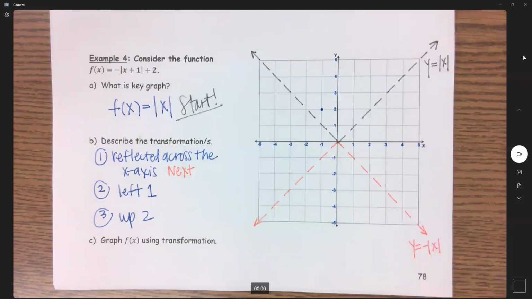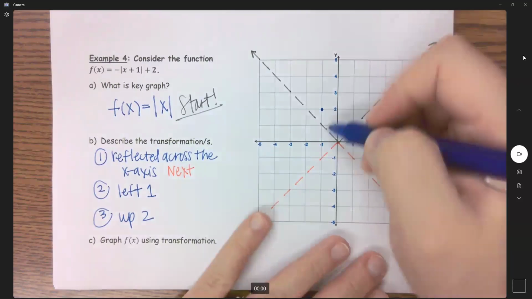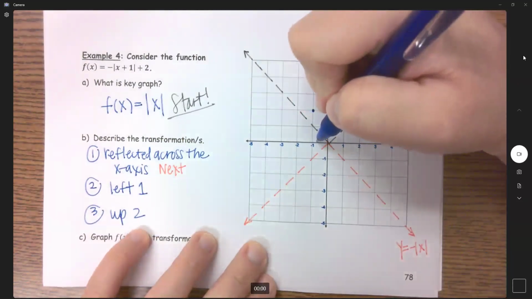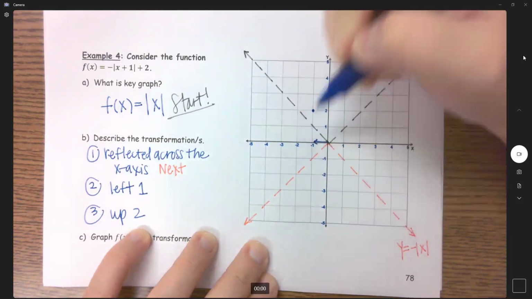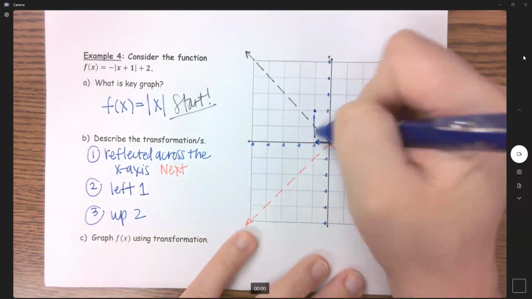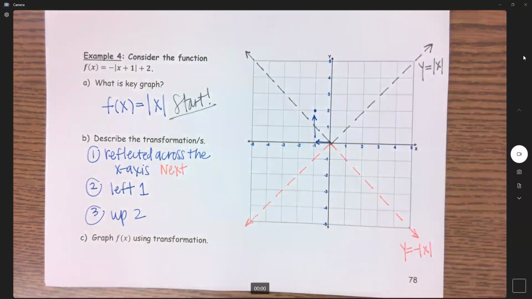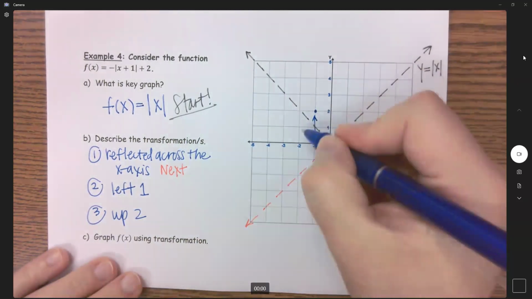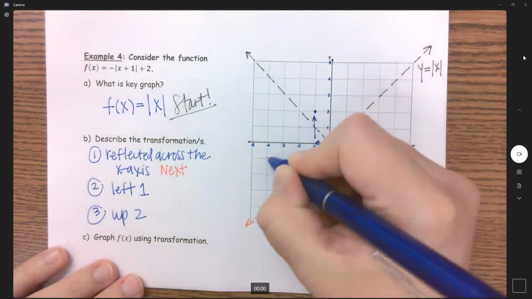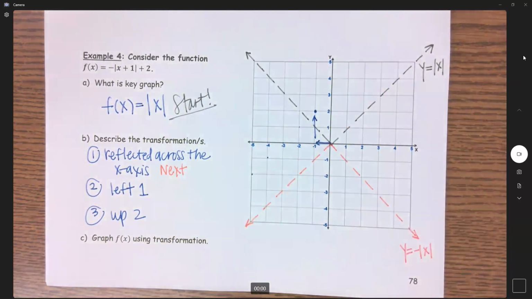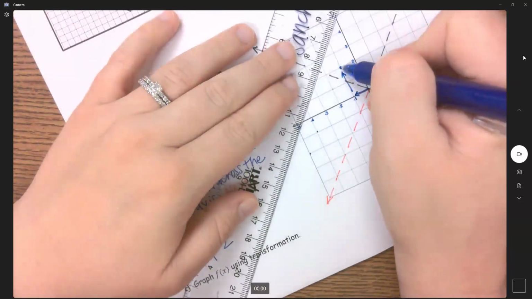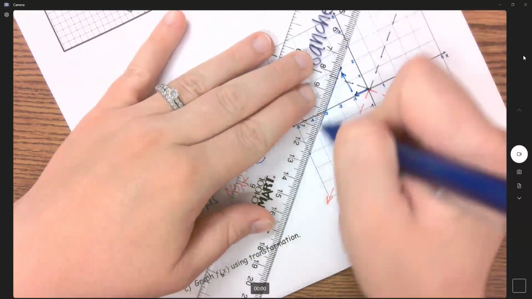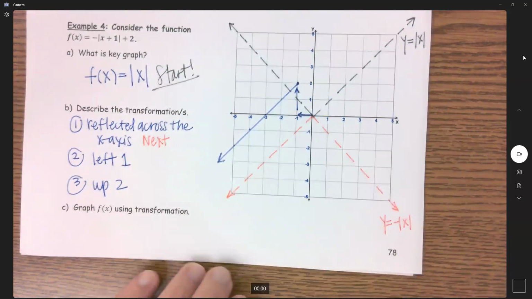So that right there should be the V portion. So we went left 1 and up 2. And now we're going to go diagonally. So diagonal, diagonal, diagonal, diagonal should be exiting the graph right here. I'm going to go ahead and do a solid line for this one because this one is my final answer.